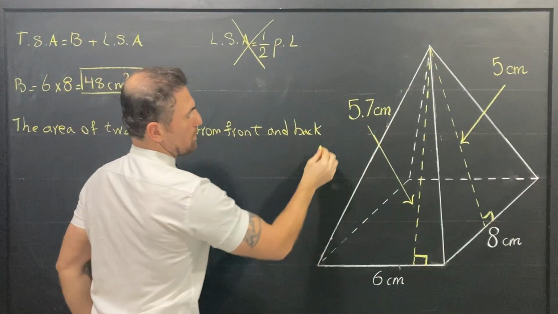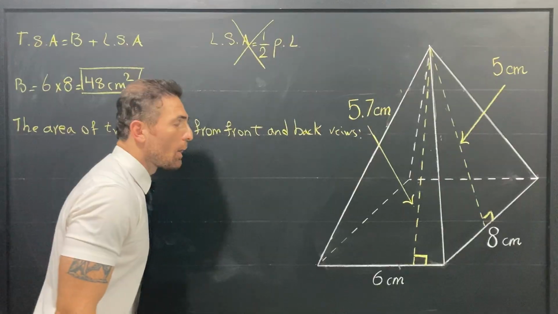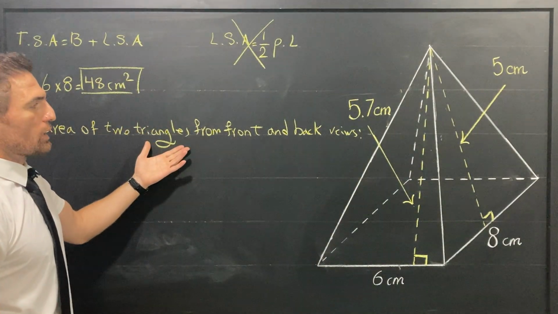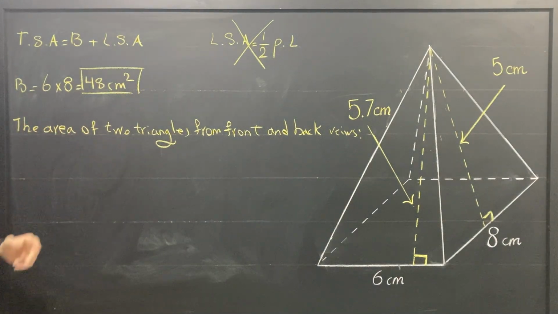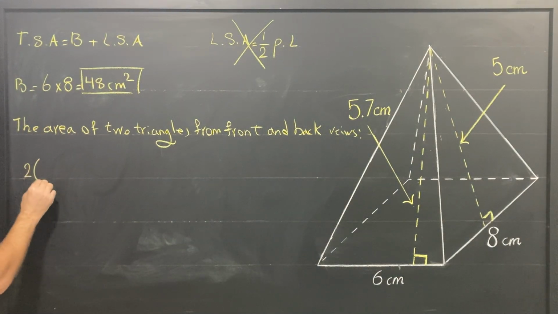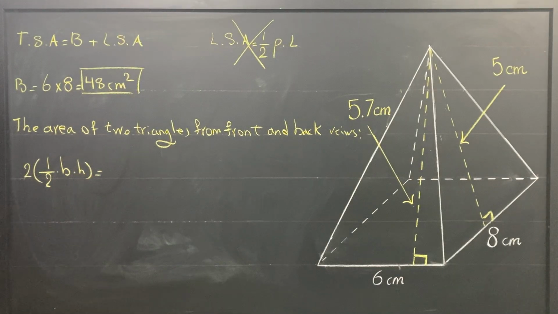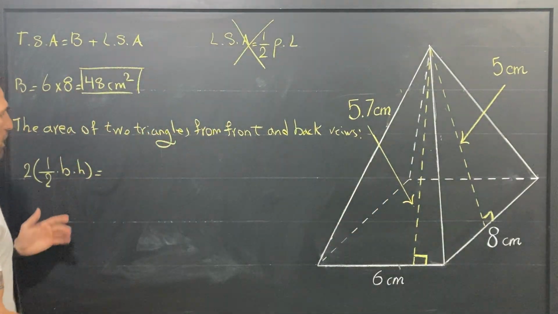Front and back view. To find out the area of triangles, we can use the formula, but before that we have two triangles. Let me write here 2, 1/2 base times height.